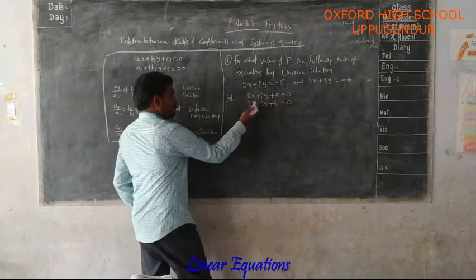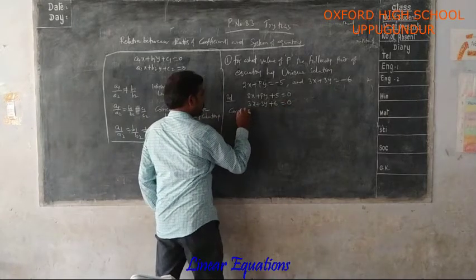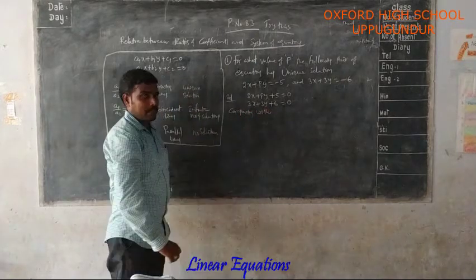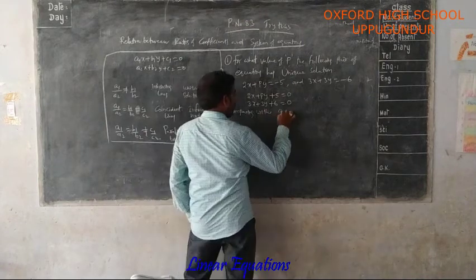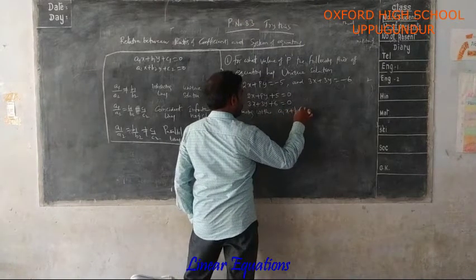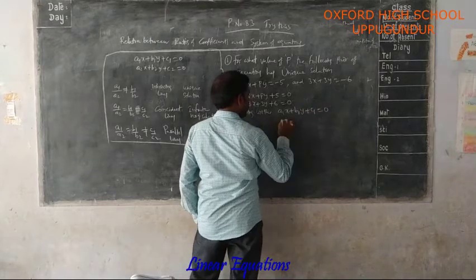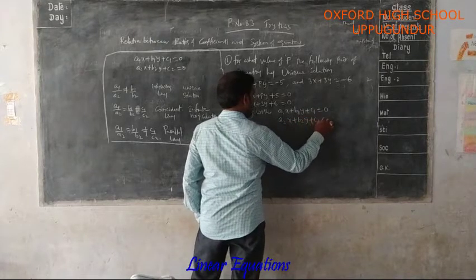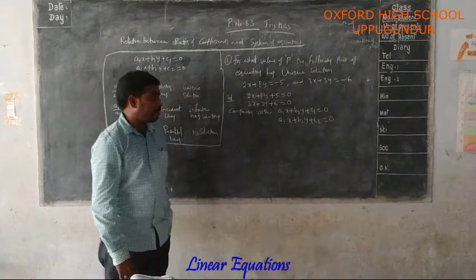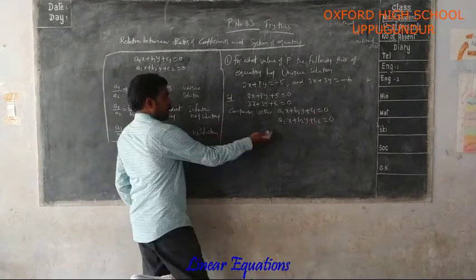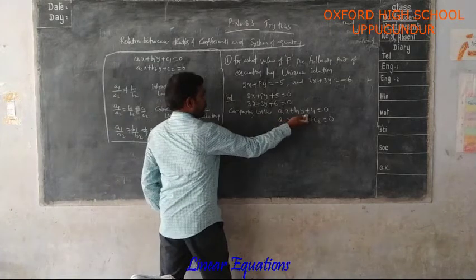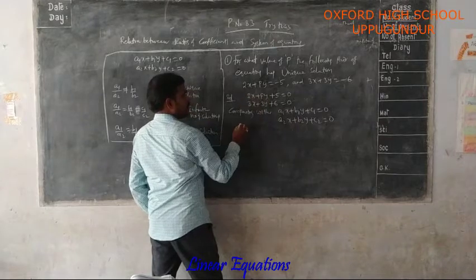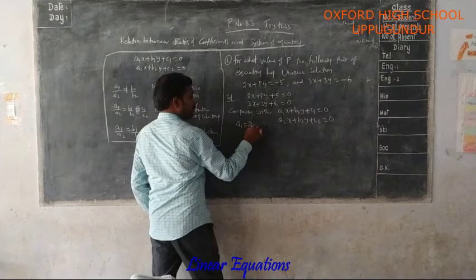Now comparing these two equations with the system of linear equations a1x plus b1y plus c1 equal to 0, a2x plus b2y plus c2 equal to 0, what are the values here? Here the x coefficient is 2, so a1 equal to 2.